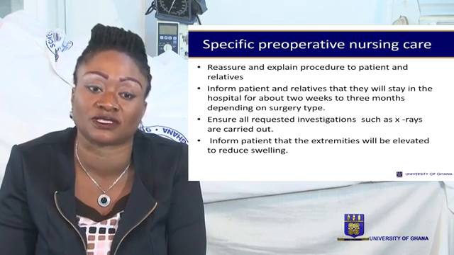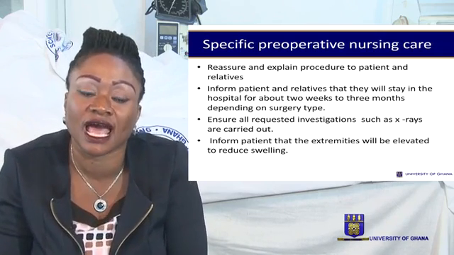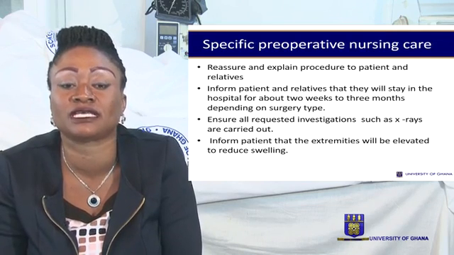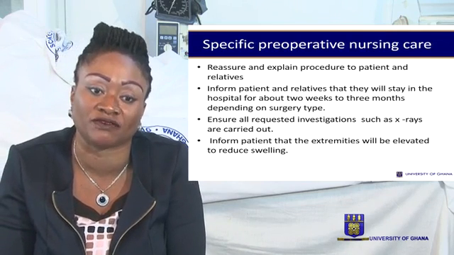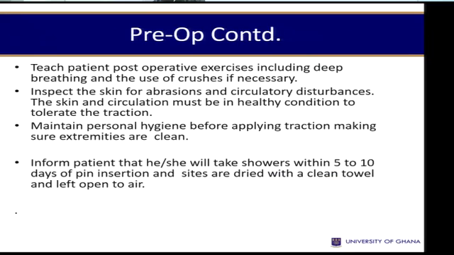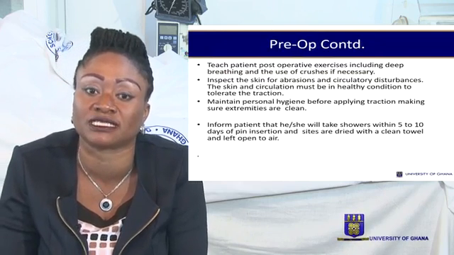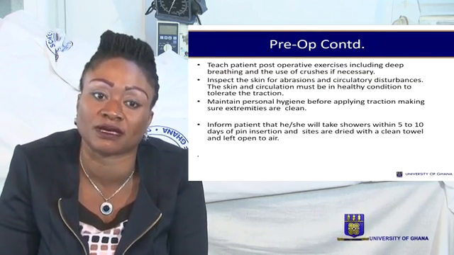And the nurse ensures that all requested investigations such as x-rays are carried out, and the patient is informed that the extremities will be elevated to reduce swelling. Patient and relatives should be taught post-operative exercises. So the patient is taught how to do deep breathing exercises and use of crutches if necessary, and inspect the skin for abrasions and circulatory disturbances.